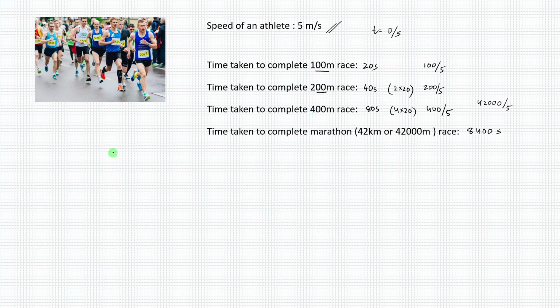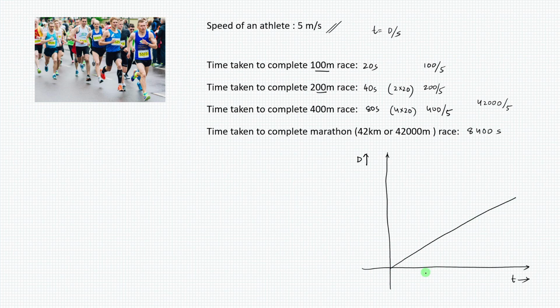So if I plot a simple graph, where I take the x-axis as the time needed to complete the race, and this is the distance completed, I will get a linear graph like this. So for 20 seconds, if you look at the graph, you can see the athlete completes 100 meters, right?